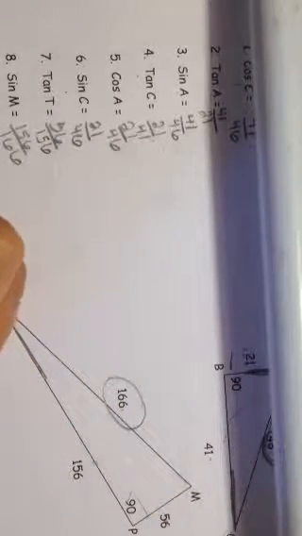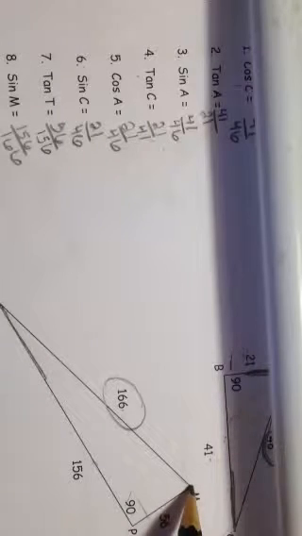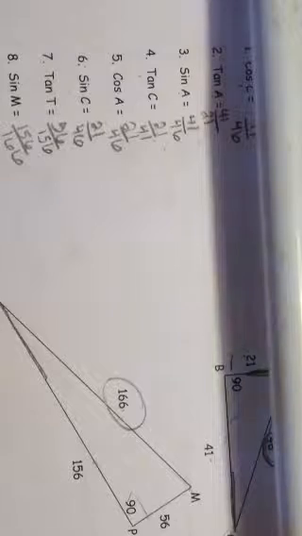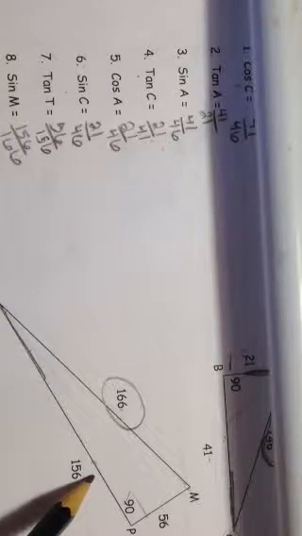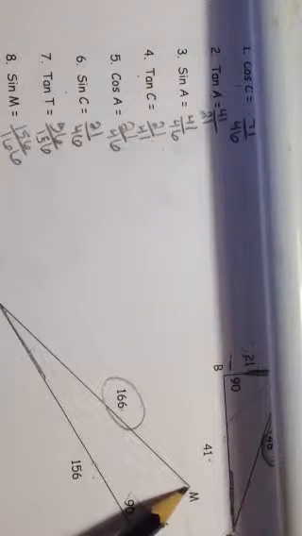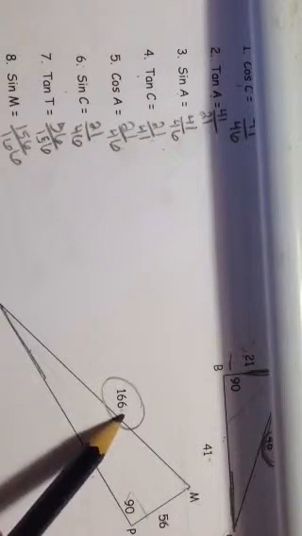Cosine of t, opposite over hypotenuse. And the tangent of m is, I have messed those up. I think tangent, opposite over adjacent, sine m, opposite over hypotenuse. That's right.